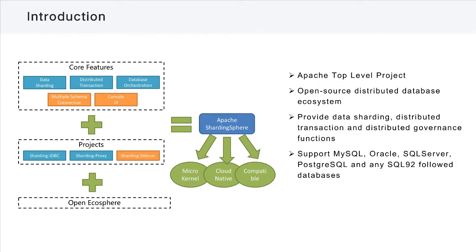Now, it has supported MySQL, PostgreSQL, Oracle, SQL Server, and any SQL 92 compliant databases. Apache ShardingSphere aims at making full use of the computation and storage capacity of existing databases in distributed systems and focusing on providing incremental functions.